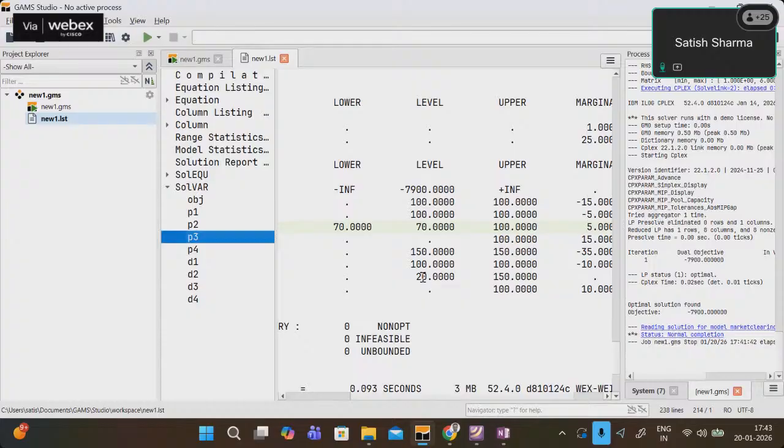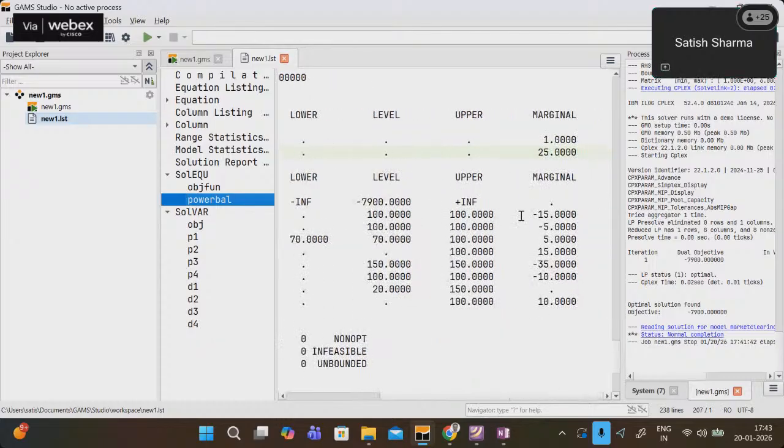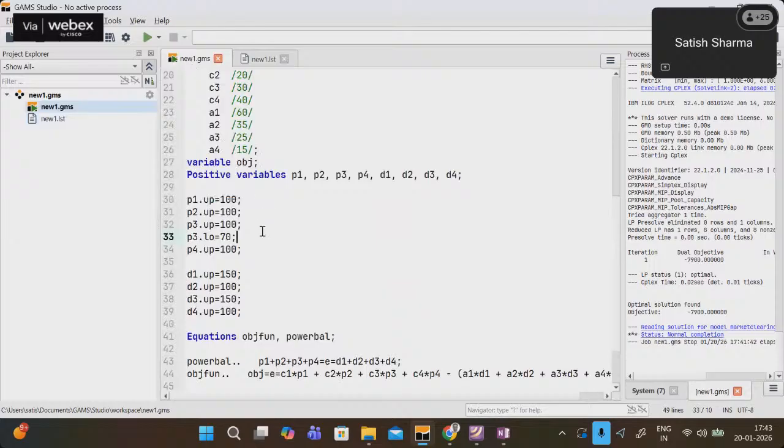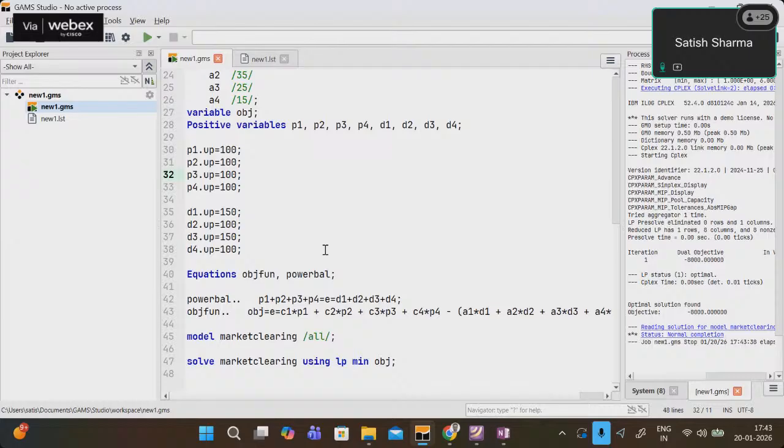One more thing is, if you go to solve equation power balance and remove it and run it, you can play with it. You can do different variations with it, and then you will get to know different results. I can still observe multiple results, but I'm not explaining those to you.